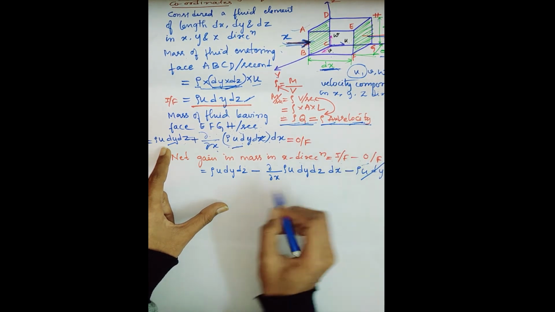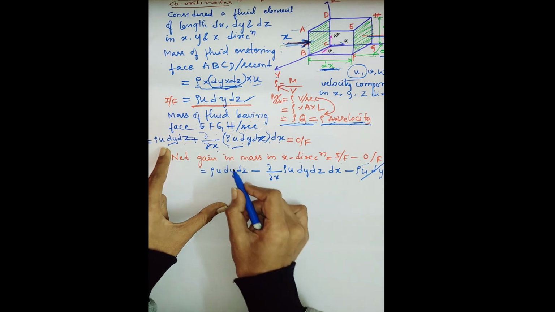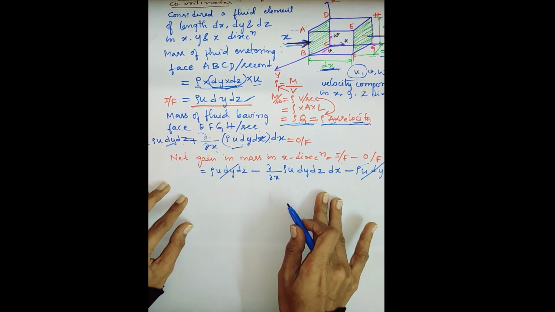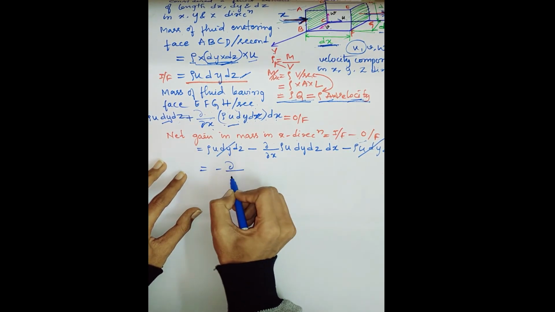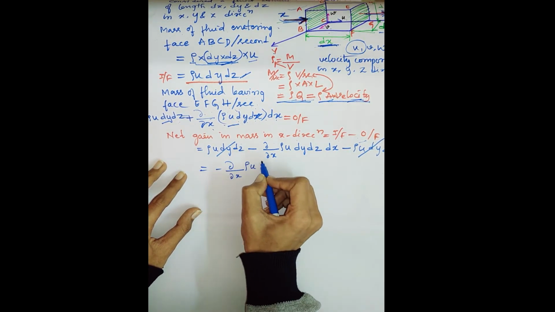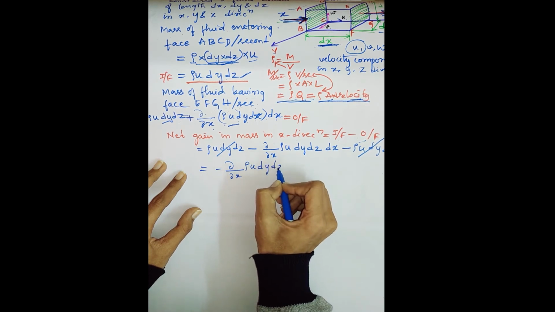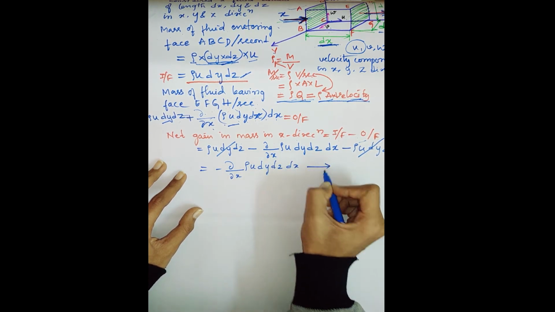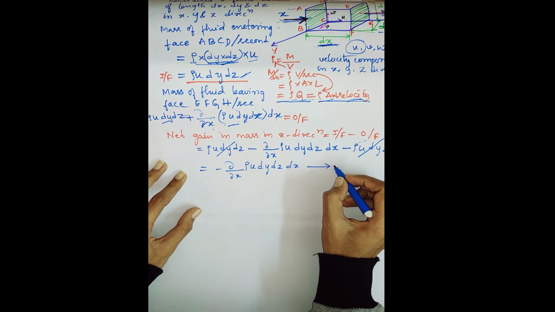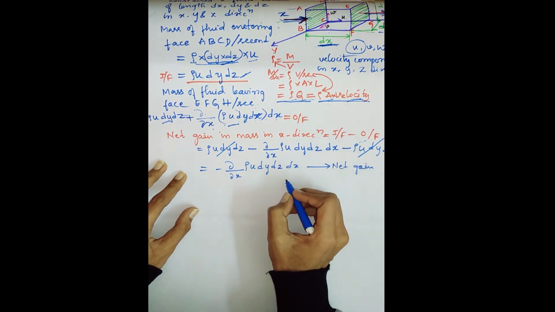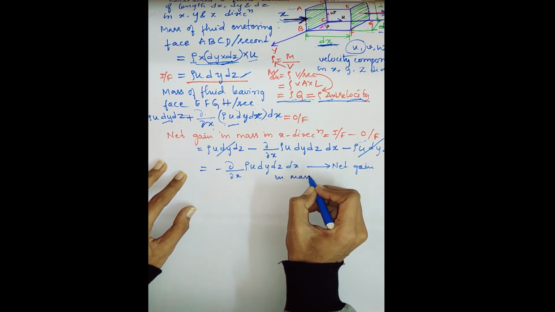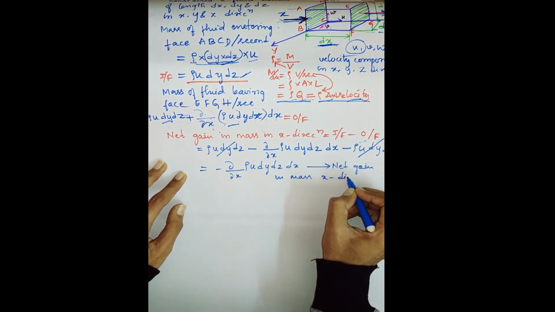Here minus rho u dy dz and plus rho u dy dz cancel. So you will remain with minus dou by dou x of rho u dy dz into dx. This is the net gain in mass in x direction.